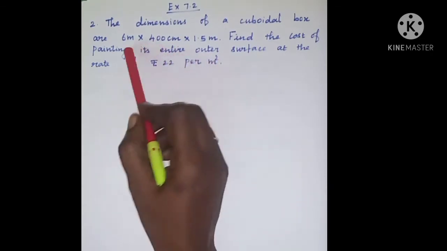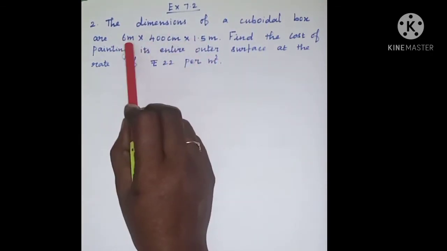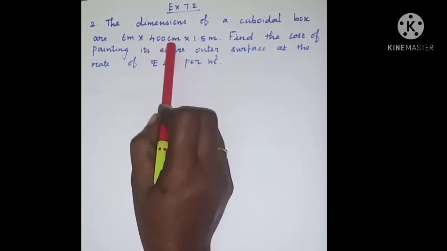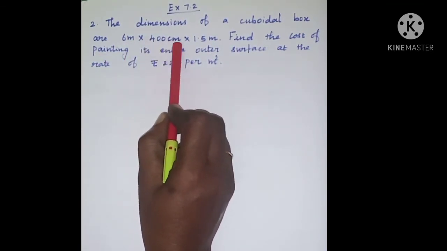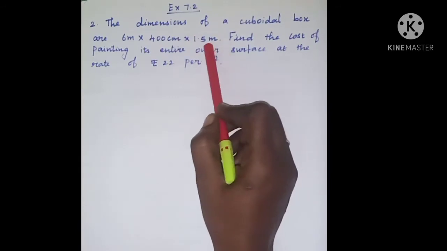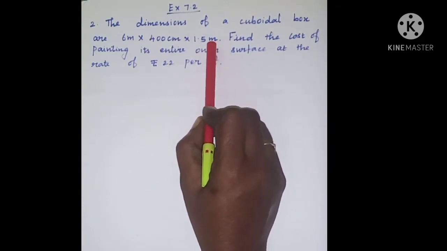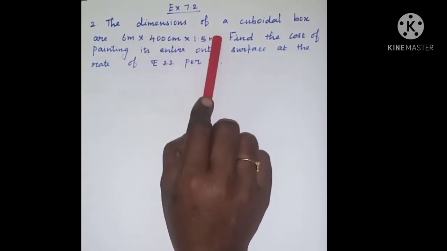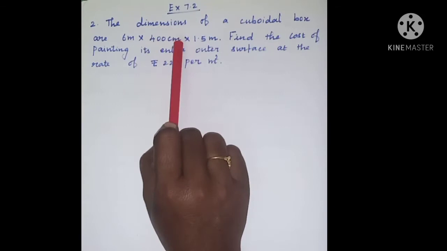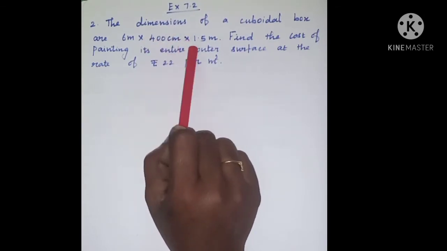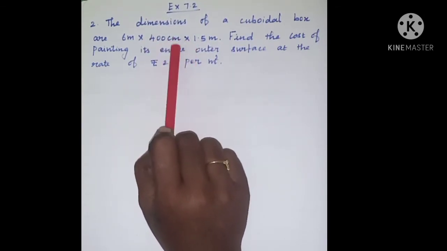In this problem, look at the measurements. These three measurements are not in the same unit. Here they are given meter, here centimeter, and once again meter. So we have to change all the units into the same one. So we have to convert this 400 centimeter into meter and then solve the problem.